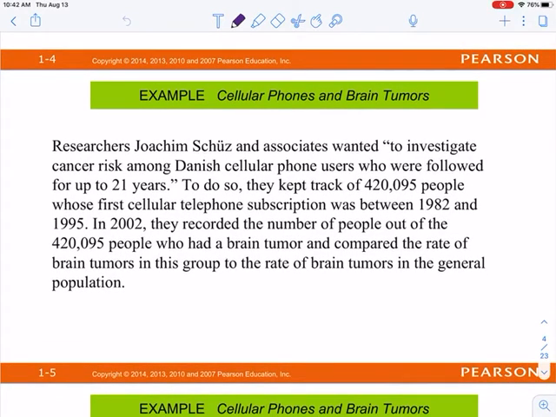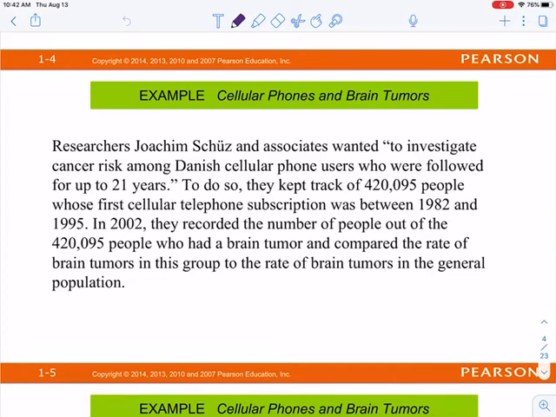Researchers Joachim and associates wanted to investigate cancer risk among Danish cell phone users who were followed for up to 21 years. To do so, they kept track of 420,095 people whose first cellular telephone subscription was between 1982 and 1995.